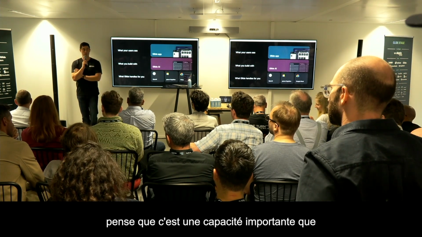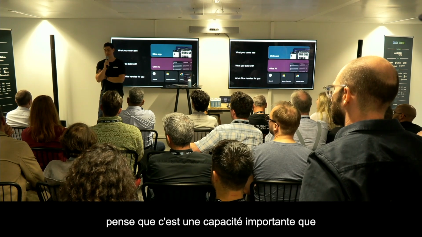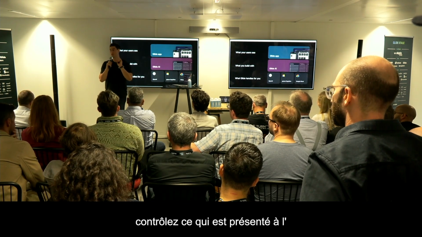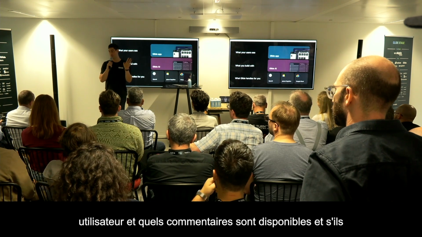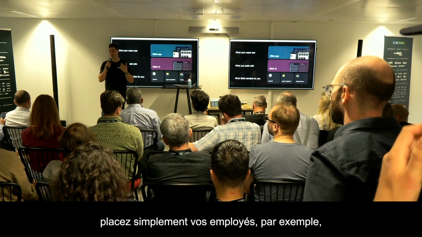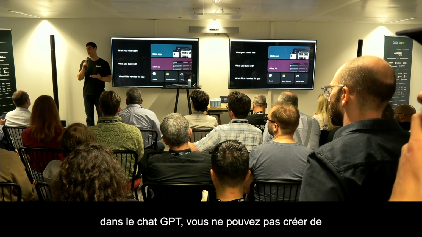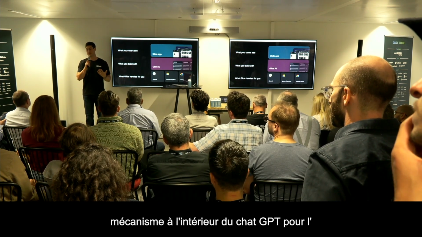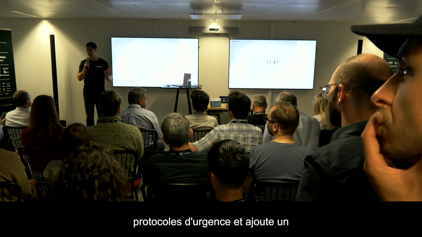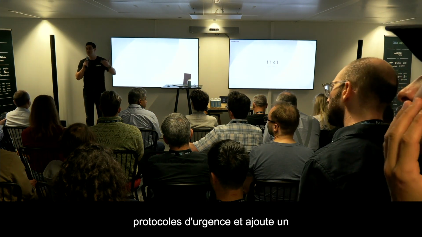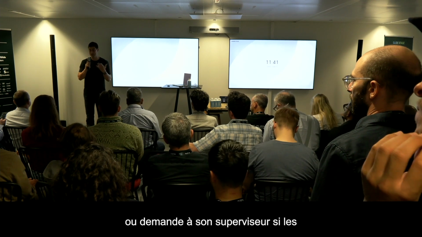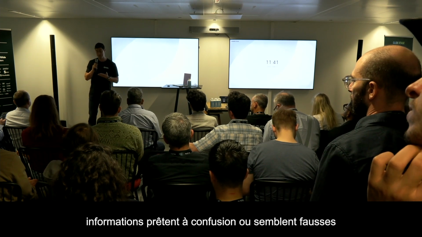So I think that's one important ability you get with a system like Glide: you are in control of what is presented to the user and what feedback is available and whether they accept or not. If you're just putting your employees inside of ChatGPT, you can't build a mechanism inside of ChatGPT for your whole company that understands that you're dealing with quizzes about emergency protocols and add an extra encouragement for the person to validate or ask their supervisor if the information is confusing or seems wrong.